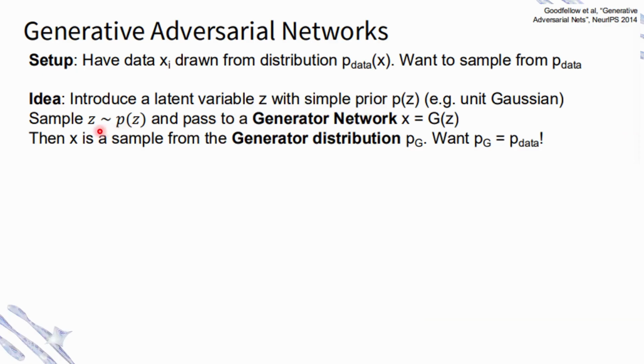Then we sample Z from P of Z and pass it to a generator network, usually denoted with a G. We would want the sample from the generator distribution to be close to the actual true distribution of P data. So we essentially are taking a sample of it.